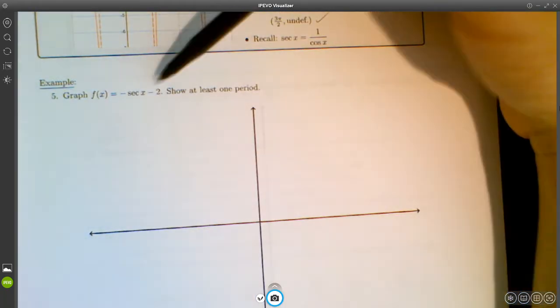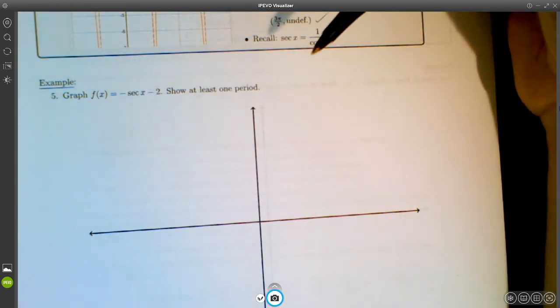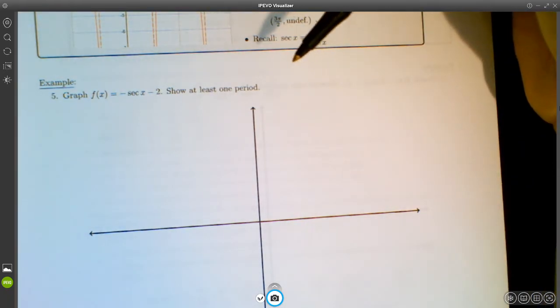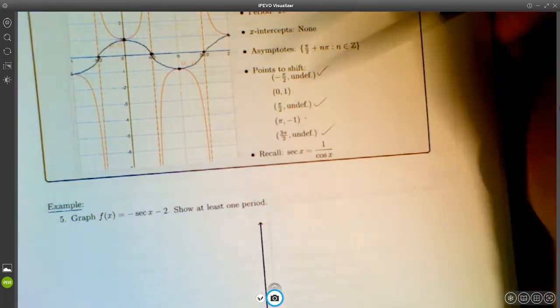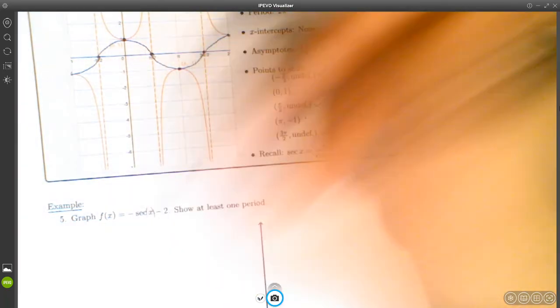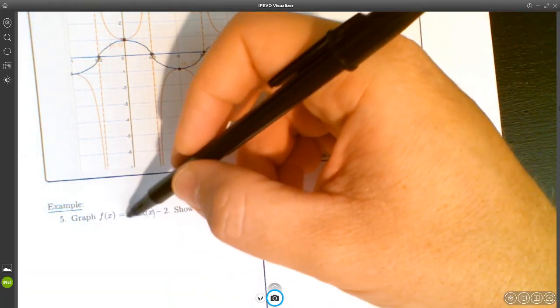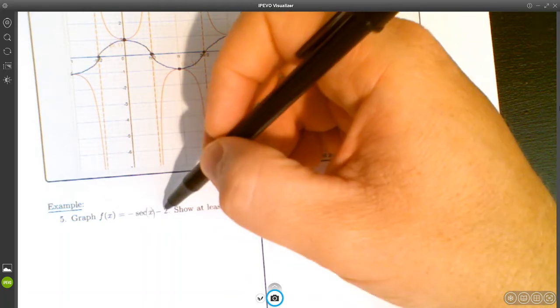Here we want to graph f of x equals negative secant x minus 2. I'm going to take my asymptotes. Again, this is negative secant of x minus 2, so I'm not shifting left and right at all. I'm only going to be multiplying the y-coordinates by -1 and then subtracting 2.